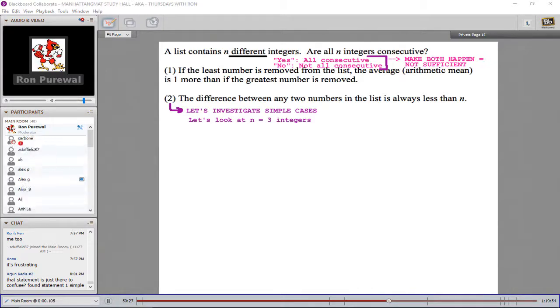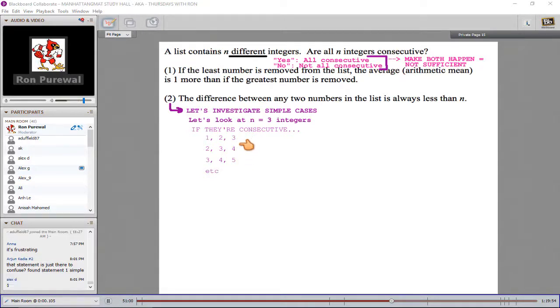If we actually have consecutive integers, let's just look at a couple examples of that. Like 1, 2, 3; 2, 3, 4; 3, 4, 5, etc. What's the biggest difference between any of these?